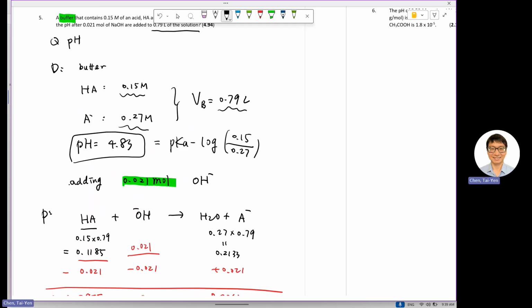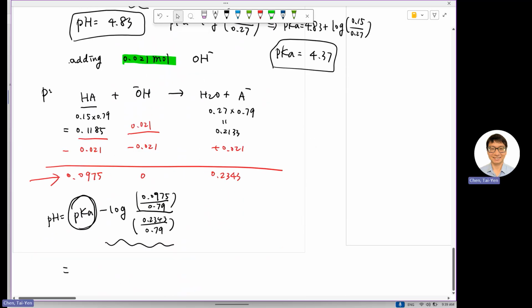So in the original setup inside your question, even though it provides you the pH, what it's trying to tell you is actually your pKa. So your pKa will simply equal 4.83 plus log of 0.15 over 0.27. Here you know your pKa is going to equal 4.37.